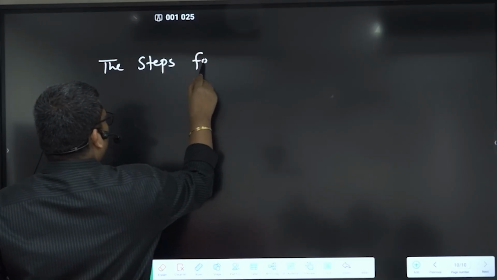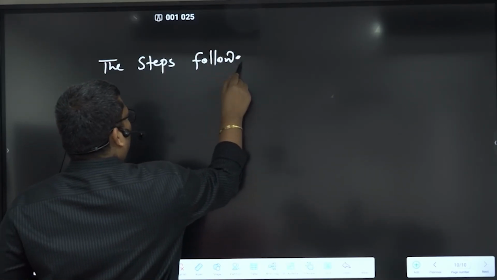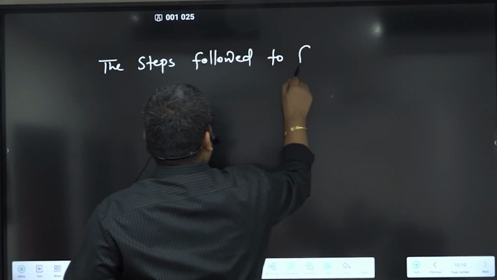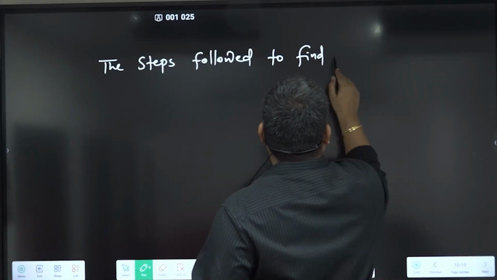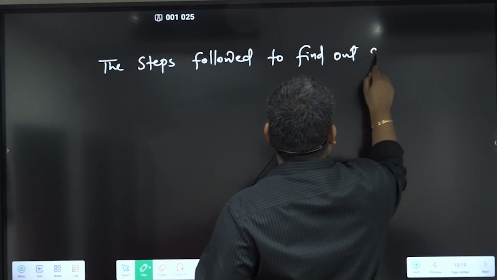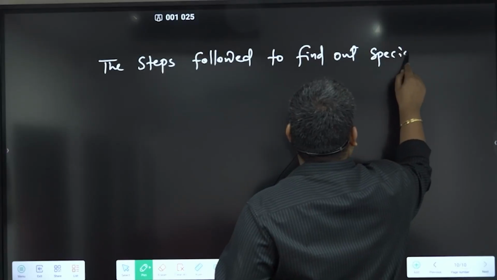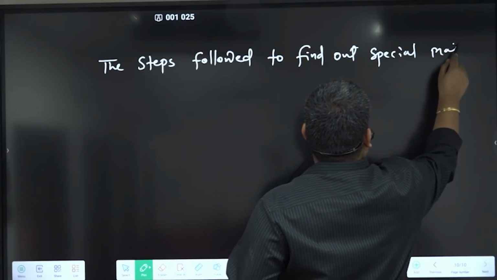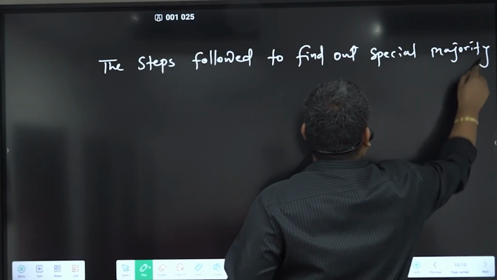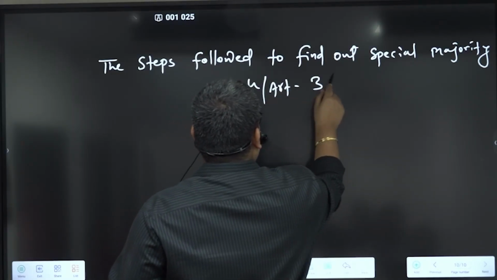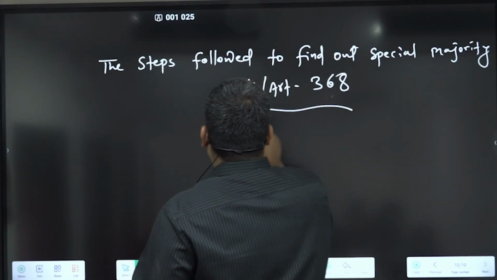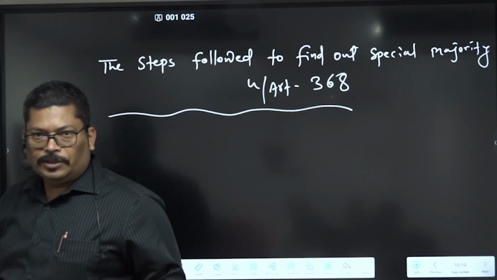The steps followed to find out special majority under Article 368.